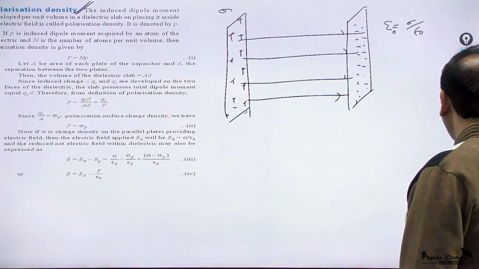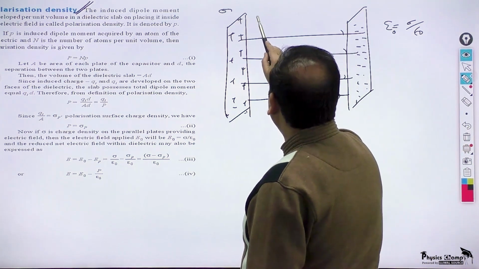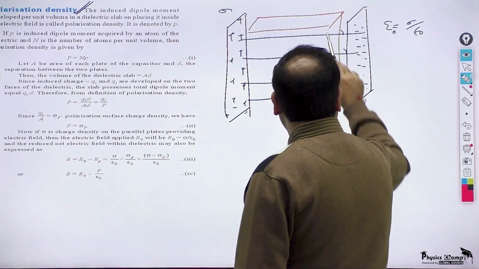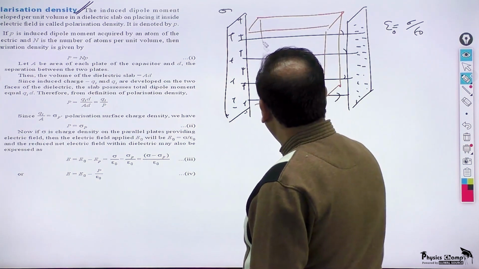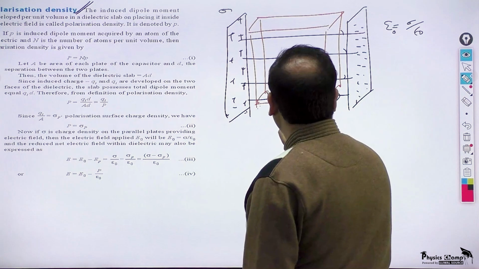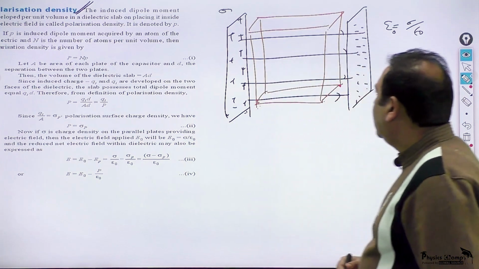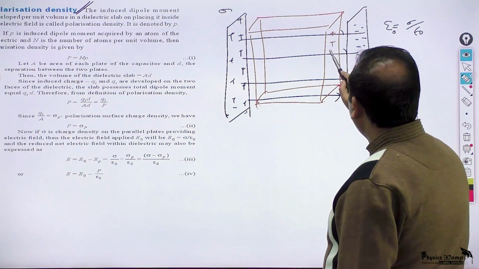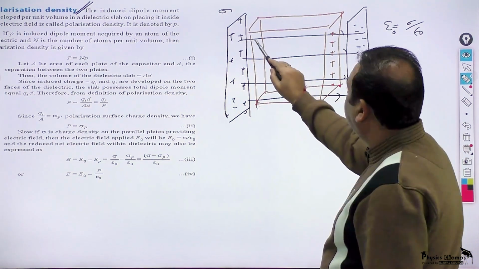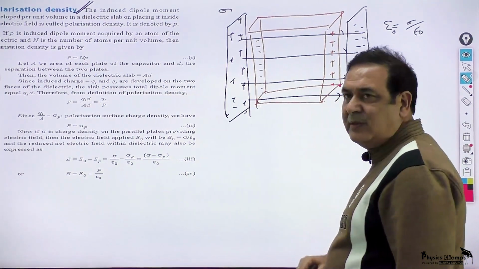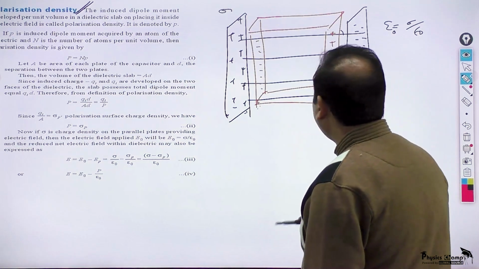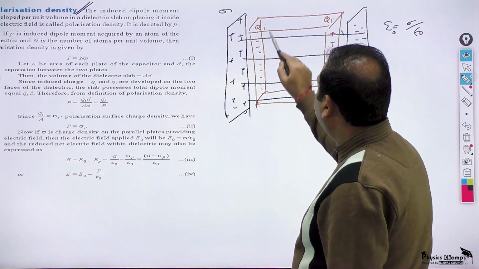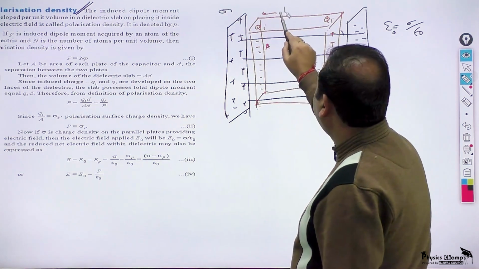Now in this central region I am introducing a dielectric. And onto this dielectric, we have induced charge and it is opposite. So if we say Qi is the induced charge here, A is the area, D is the separation.